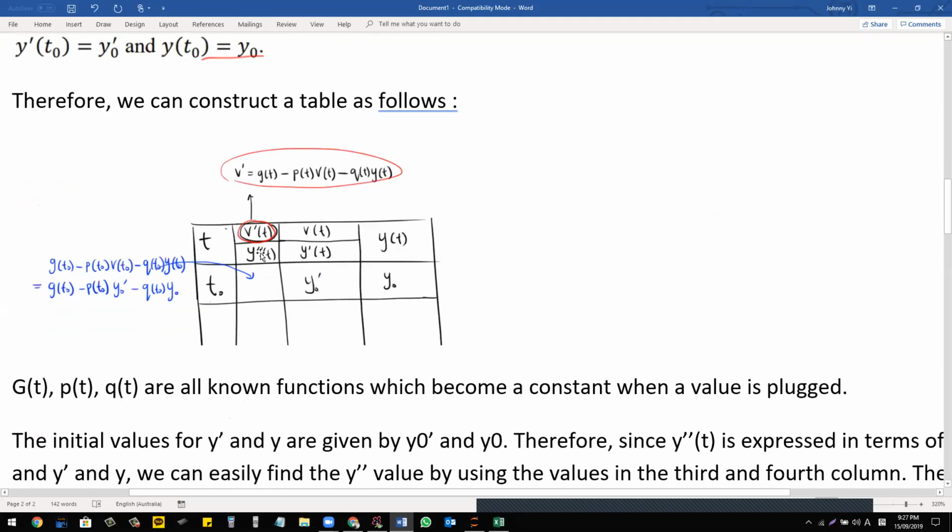You have a choice: you can do y double dash t or v dash t.